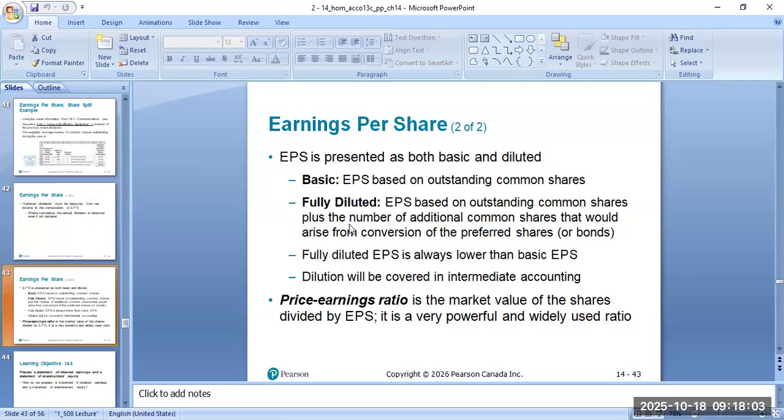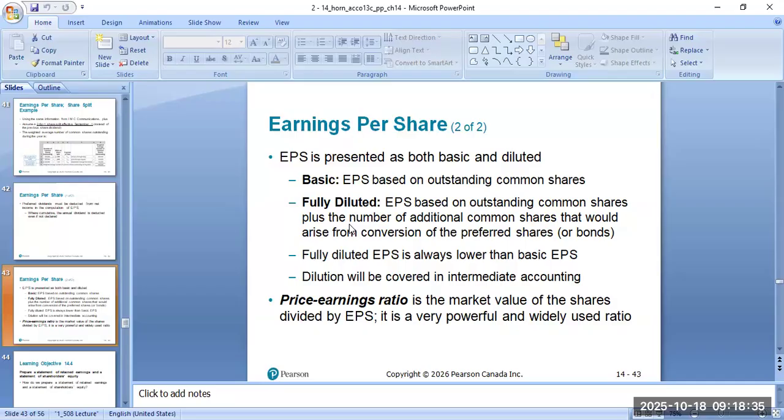And since the net income will have no changes, or most likely no changes, that will give us a diluted earnings per share that is a lower number than the basic earnings per share. Basic earnings per share, again, is the net income divided by the weighted average common shares outstanding at the moment, whereas for the diluted we pretend that all the options and all the rights are converted into common shares.